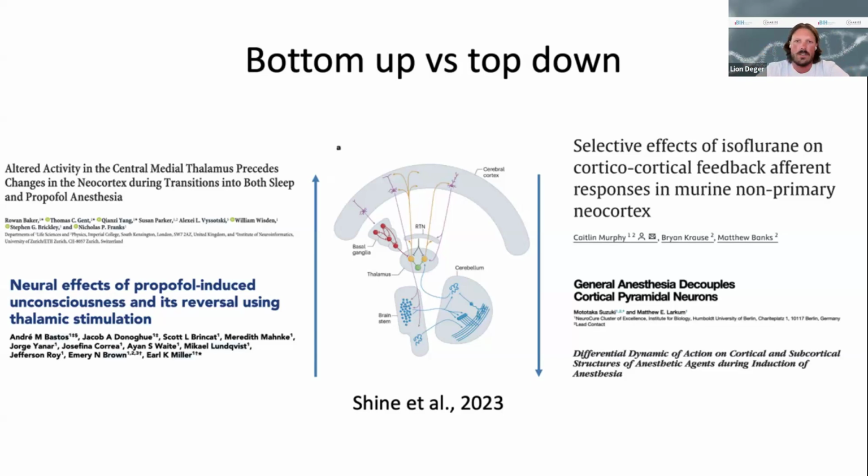And then there's the top-down view, where it's basically the reverse, where cortical communication breaks down first, and then the thalamic change in activity is a readout of this activity change in the cortex. And there is evidence for both theories, which keeps this discussion open.